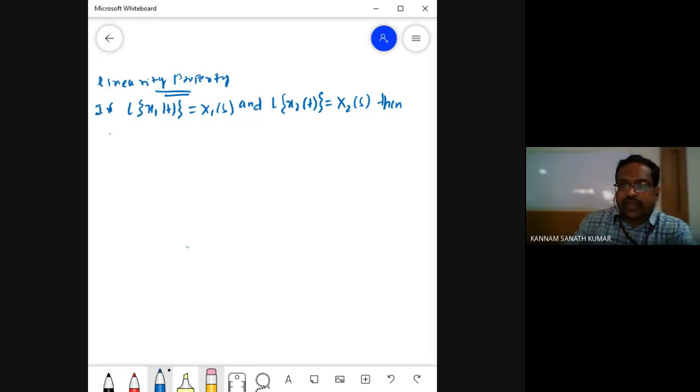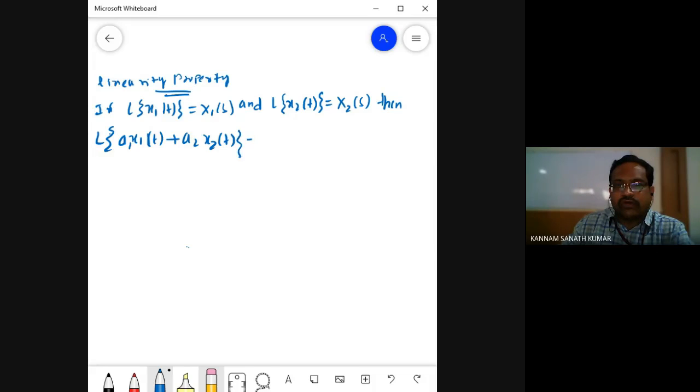Then for the combination of two signals, let us consider constants a1 and a2. The Laplace transform of a1 into x1 of t plus a2 into x2 of t equals a1 into X1 of s plus a2 into X2 of s.